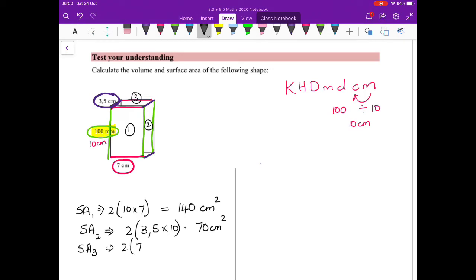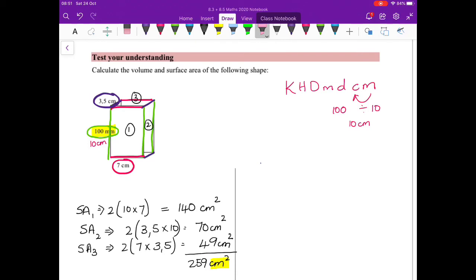That is going to be 7 multiplied by 3,5, and that will give me 49 centimeters squared. You now add these together, and you will get to 259 centimeters squared. Please make sure you remember to put your units.